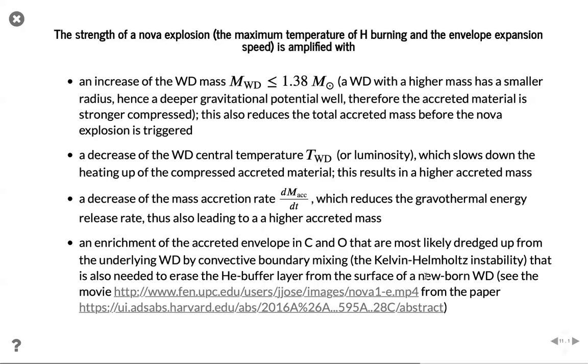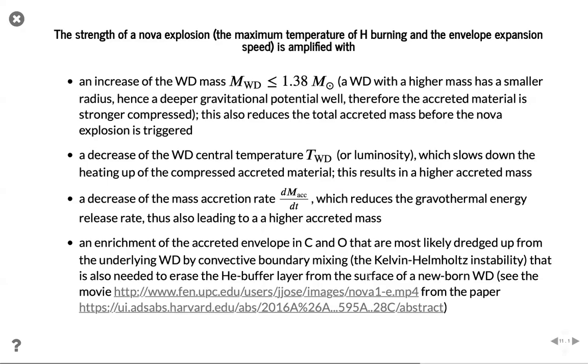So white dwarfs are born with helium buffer layers at top. In order to have realistic nova explosions in a closed binary system, this helium buffer layer should be erased. Otherwise, the accreted hydrogen-rich material cannot dredge up carbon and oxygen-rich material from the underlying carbon-oxygen white dwarf to make the nova explosion strong enough.